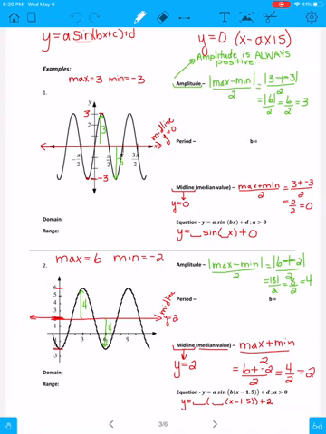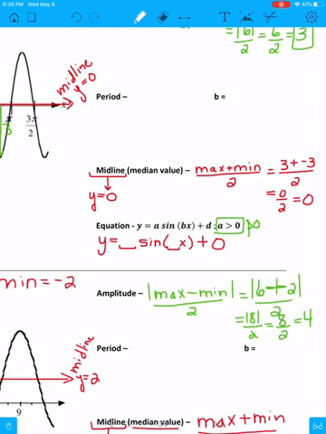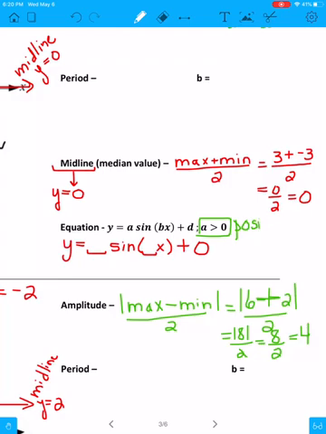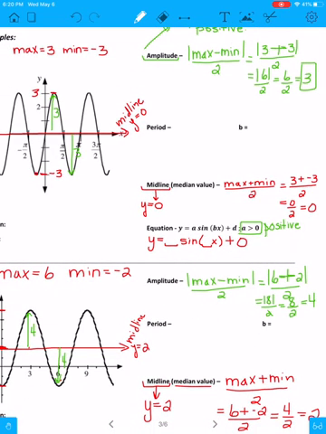So we know for number 1, our amplitude is 3. It's right here. Then we have to look at the back of the equation. Look, what do they tell us? A has to be greater than 0. That just means A has to be positive. So our A is going to be 3 because that's our amplitude, and it's going to be a positive 3 because it tells us A has to be positive.